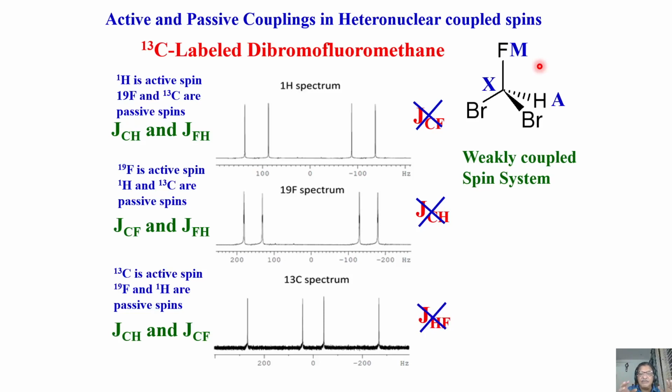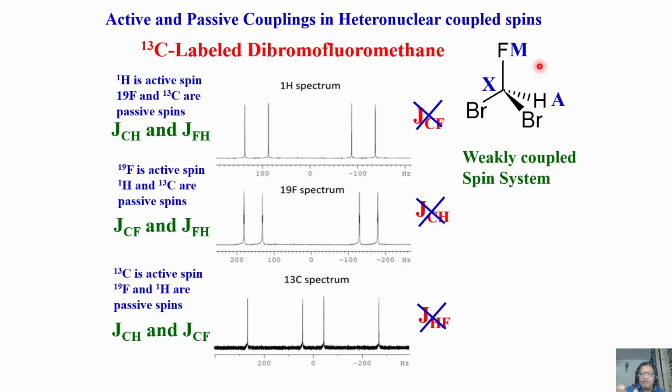Understood? A simple example I took, a 3-spin system, to show you what are active and passive couplings, and what you can detect when you detect the active spin. Always remember this very important point. Whenever I am seeing the spectrum of a coupled spin system, all may be coupled, with some coupling maybe zero, no problem.